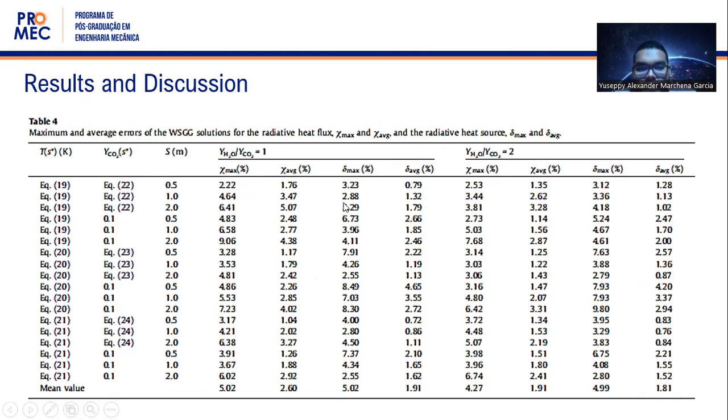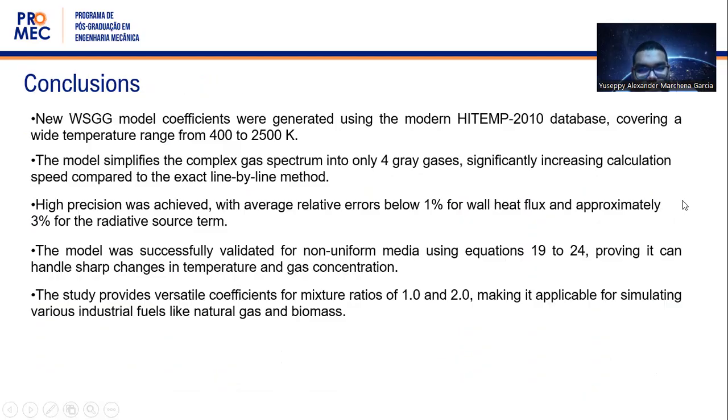We can see 5% maximum here and 2% mean. That is very good, and constitutes a reasonable estimate of the expected performance of the WSGG model in non-isothermal and non-homogeneous media.